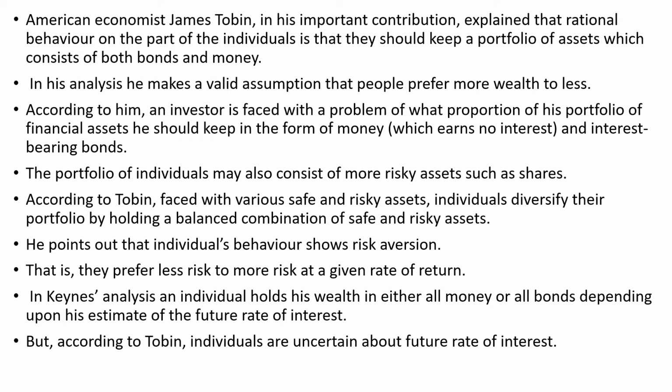But as per James Tobin, individuals are very uncertain regarding their future rate of interest, and also these people are very risk averse, so they will take their decisions regarding their portfolio management accordingly.